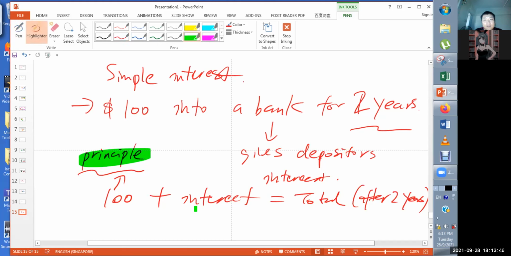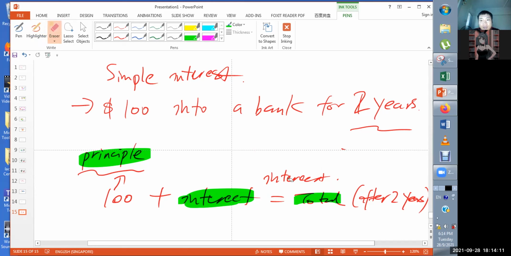And the money the bank gives you extra is called the interest. Then principal plus the interest. Principal means the money you put inside, interest is what the bank gives you, and it goes to the total after 2 years in this case. I hope you understand this logic. So now the question is how much is the interest the bank gives you?